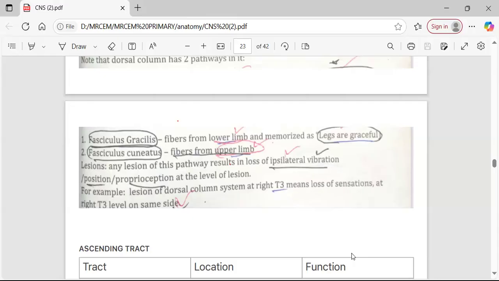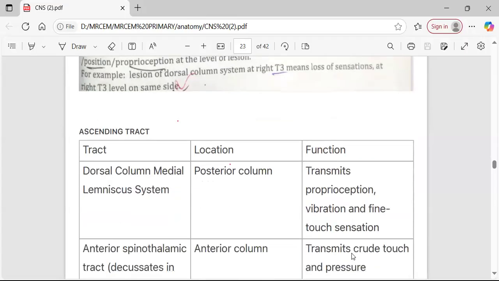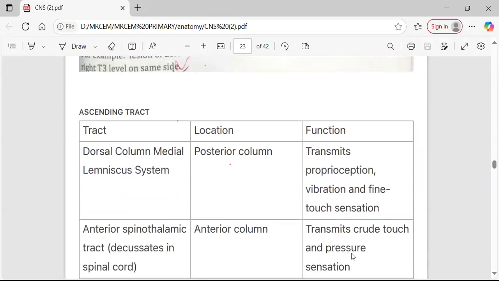The dorsal column medial lemniscus system is located in the posterior column. Always remember, it transmits proprioception, vibration, and fine touch.